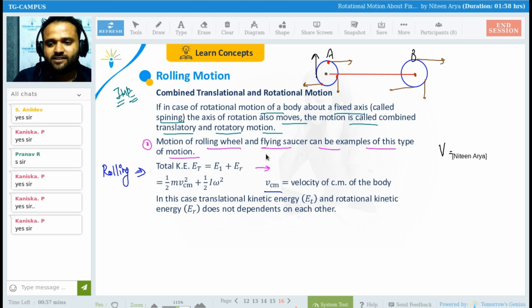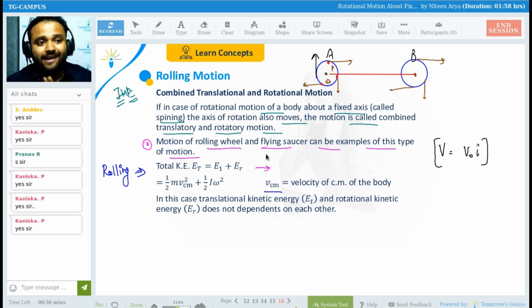Because velocity is magnitude of speed into direction. Direction can be i, j, k. If I stick to i, at that particular point P, or at point Q, i is positive here, but i is negative here. So the velocity can be altered, but speed remains constant.